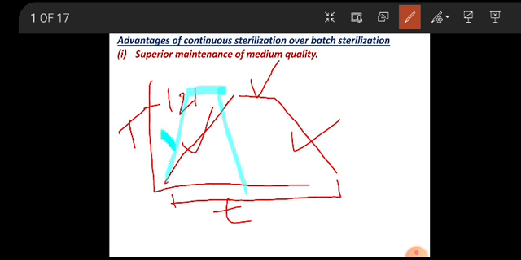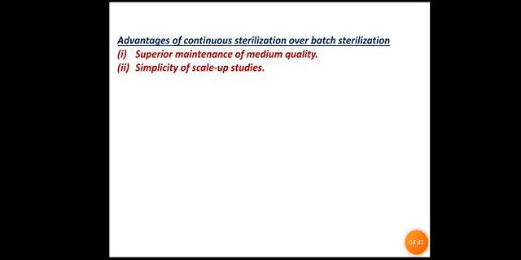A very short heating period, then holding period, and a very short cooling down period. This leads to decreased exposure of the medium to very high temperature, and therefore it leads to superior maintenance of medium quality.